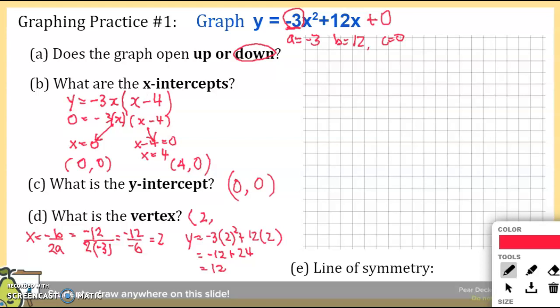So I know that the vertex is 2, 12. Alright, so that means I need to be able to plot 0, 0, 4, 0, and 2, 12. Okay, so that makes me think, I should be able to, let's see, 2, 4, 6, 8, 10, 12. I can make it go by 1.